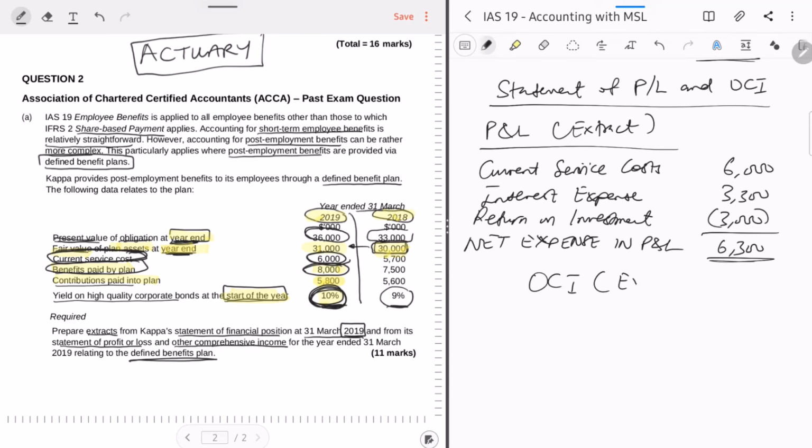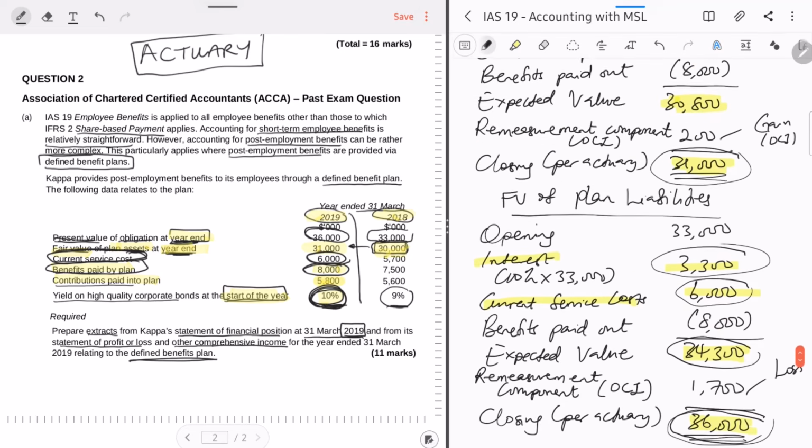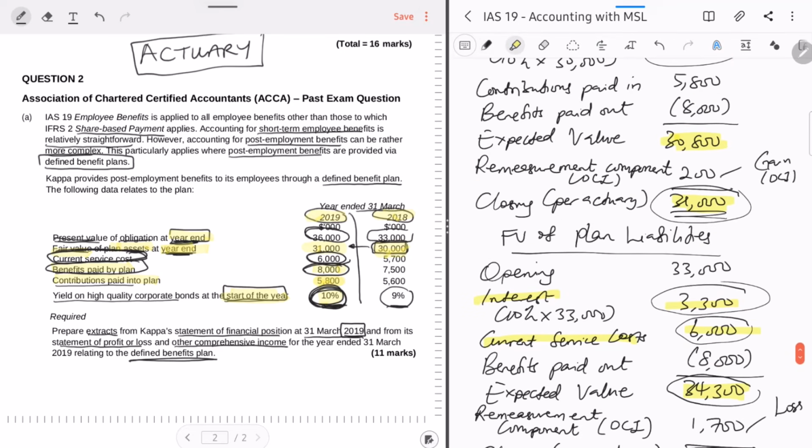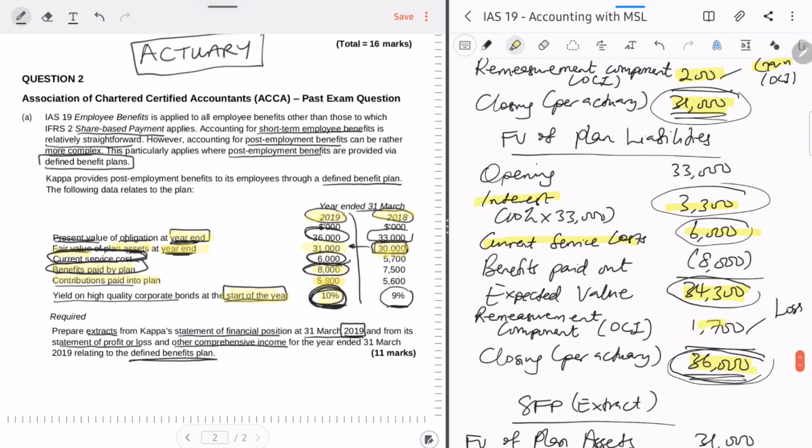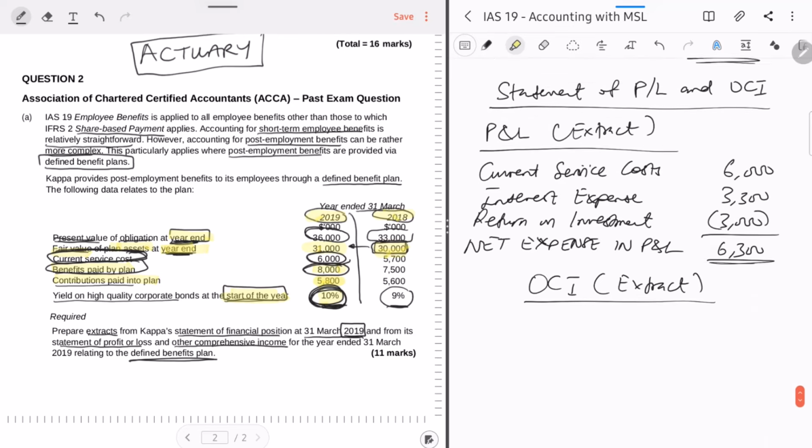So OCI extract. Remember, OCI just takes the remeasurement. That's all. So we just come here and we pick the remeasurement components, this figure for the assets, the gain, then the loss of 1,700 for the liabilities. Clearly, we have a net loss in OCI.